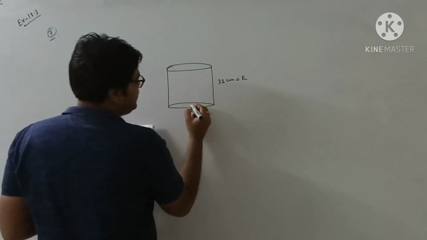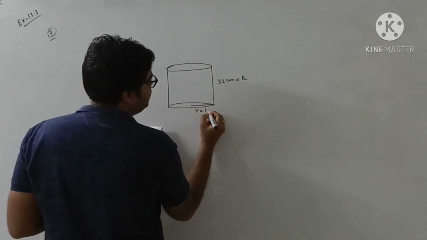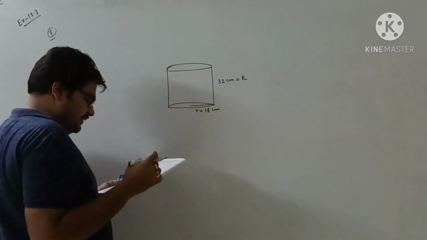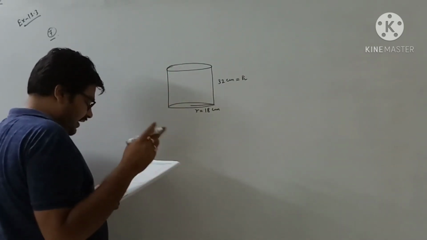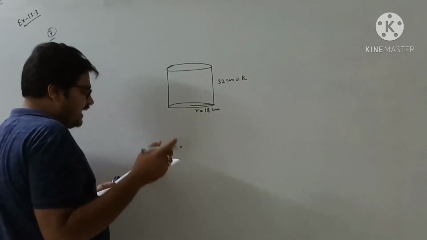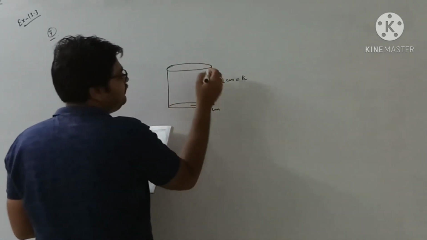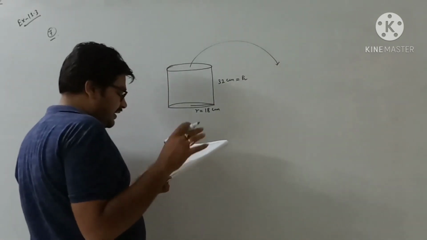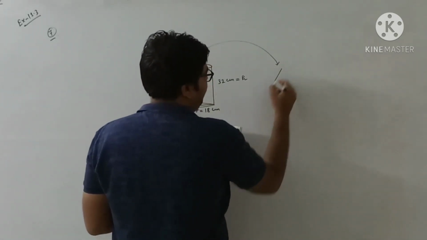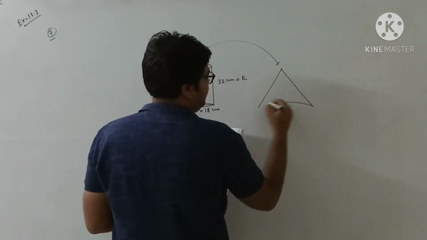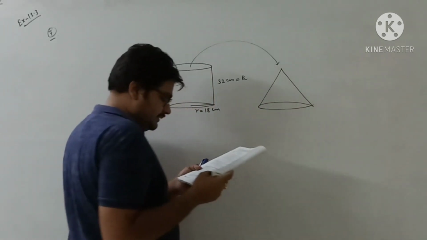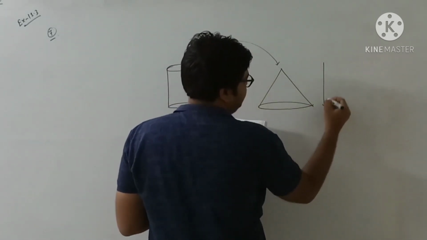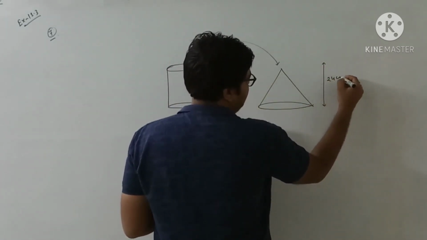The radius of the base is 18 centimeter. Filled with the sand. This bucket is emptied on the ground and a conical heap of sand is formed. So this is full of sand, and this sand has been emptied on the ground to make a conical heap. The height of the conical heap is 24 centimeter.